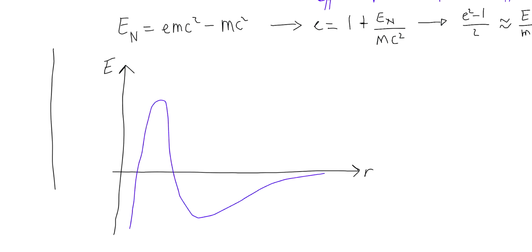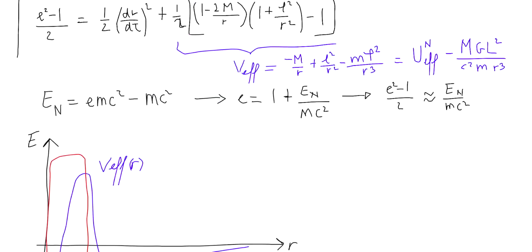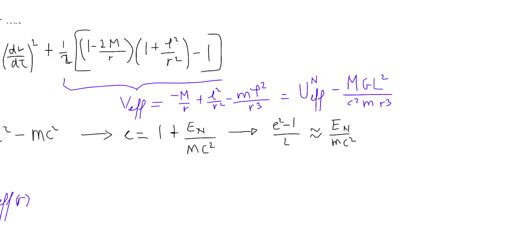All right, so this is V effective as a function of R. All right, and the new part is everything here. It's because of the new term that we have here. We said that V effective was U effective minus this new term, this new attractive term, and this is what creates everything I've put in red here.